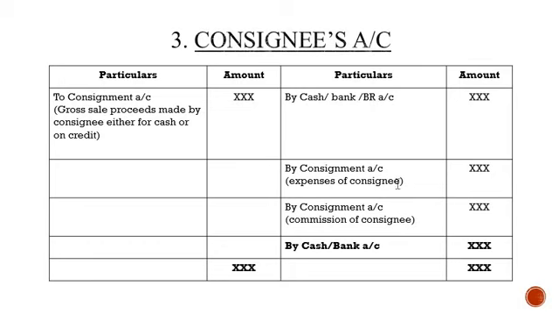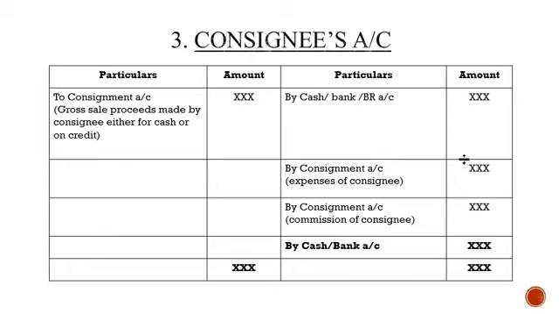Next, by consignment account, expenses on consignee. This is why expenses on consignee, because this is the account being prepared by the consignor. So any expenses being made by the consignee on consignment, that has to be deducted. Next, by consignment account, commission of consignee.